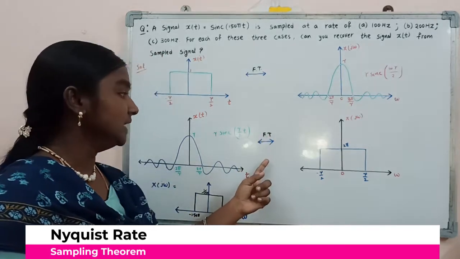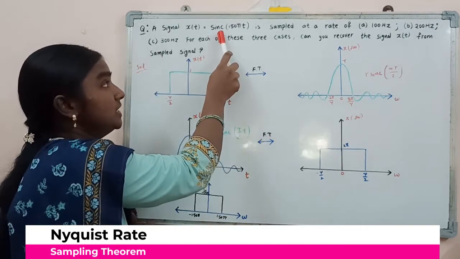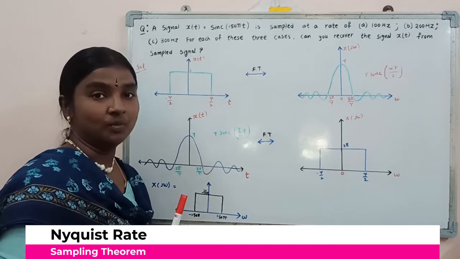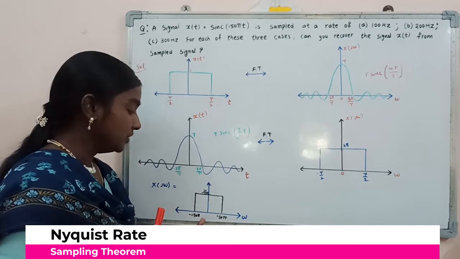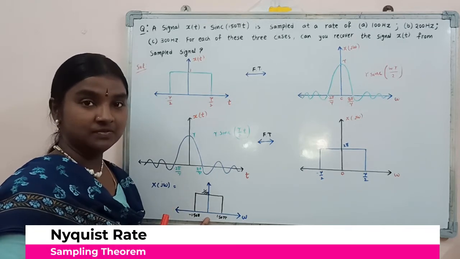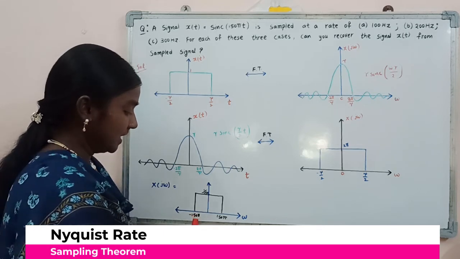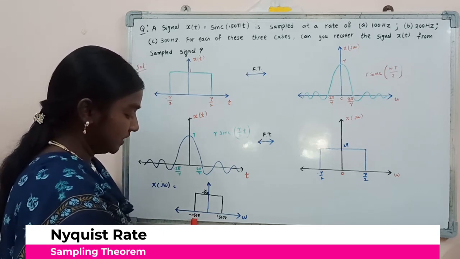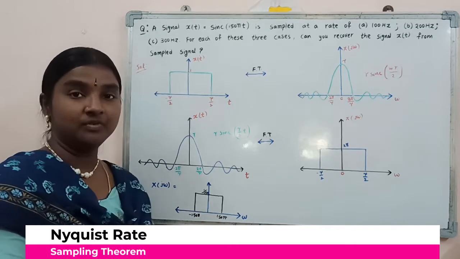So by seeing these waveforms, for the given question, they mention a sinc function in time domain. After applying Fourier transform, we find the rectangular pulse function like this. Here the maximum frequency is going to be from minus 150 pi to plus 150 pi.